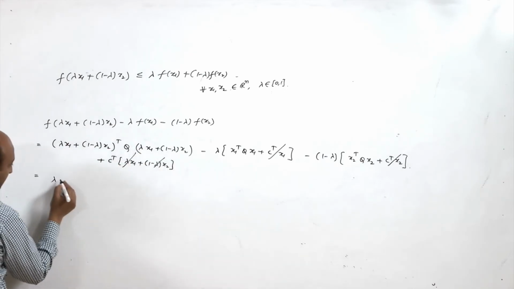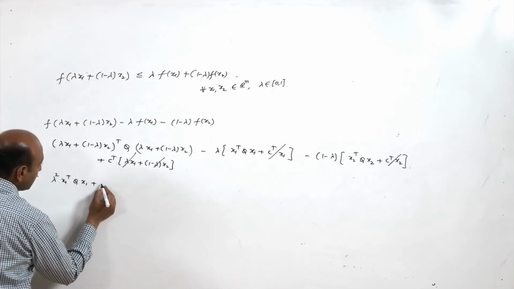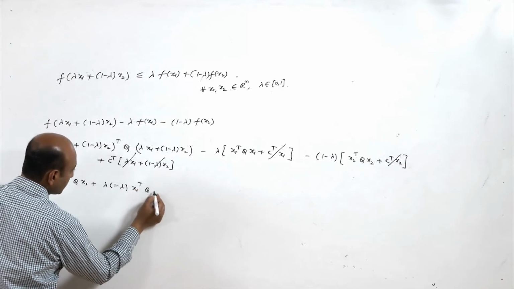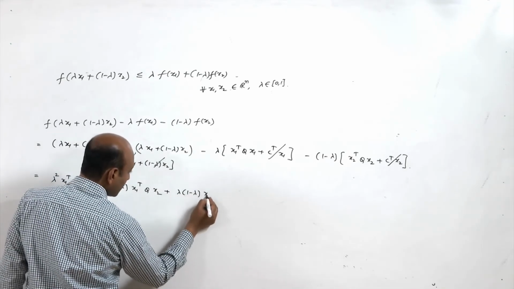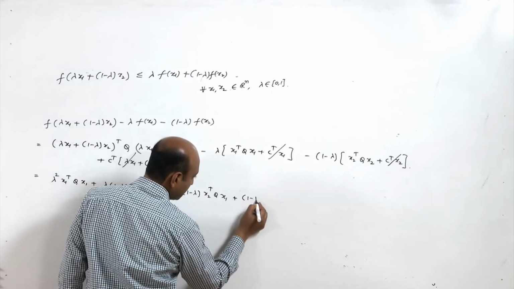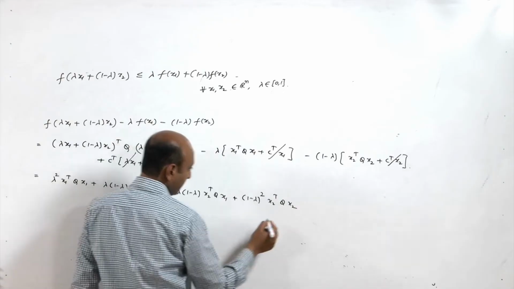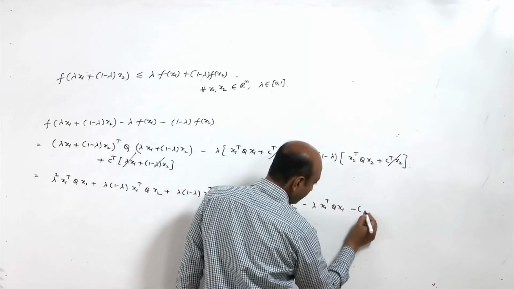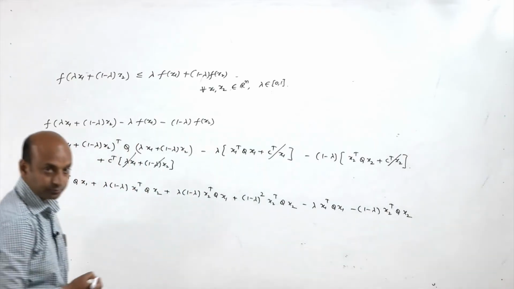It is lambda squared x1 transpose Q x1, plus lambda into 1 minus lambda x1 transpose Q x2, plus again lambda into 1 minus lambda x2 transpose Q x1, plus 1 minus lambda whole squared x2 transpose Q x2, and it is minus lambda x1 transpose Q x1 minus 1 minus lambda x2 transpose Q x2. Okay.